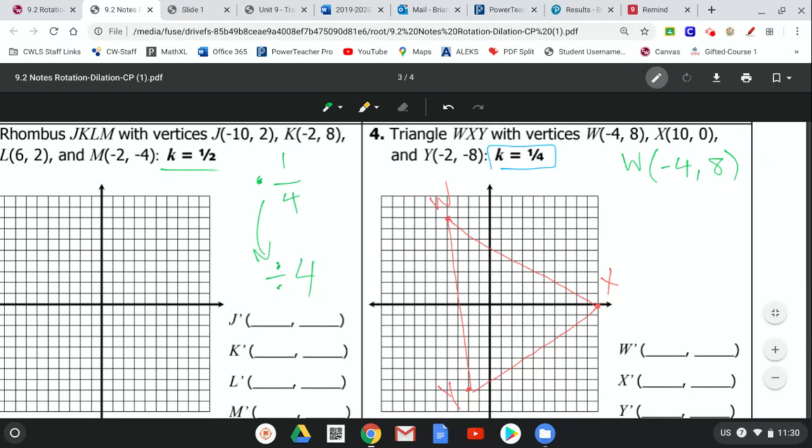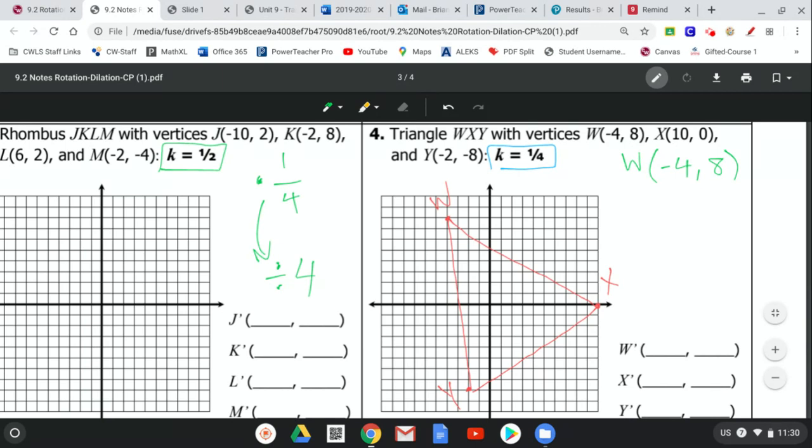So your problem in number 3 is k equals 1/2. You can multiply by 1/2 or you can divide by 2. It's the same thing. For this one, it's going to look a little bit different because I'm going to put the division symbol there, but that's how we're getting that answer.